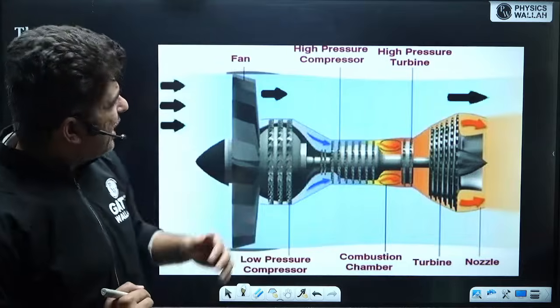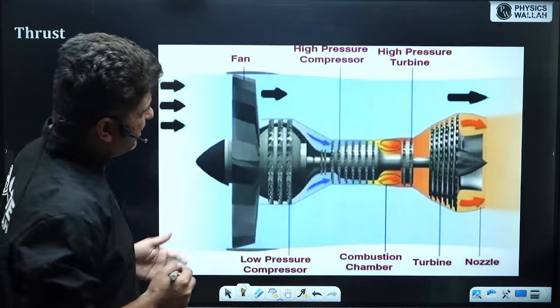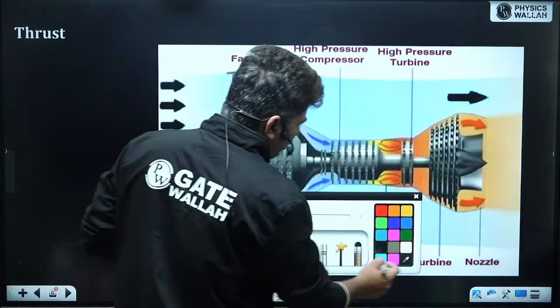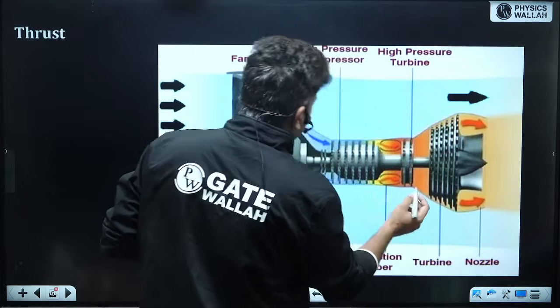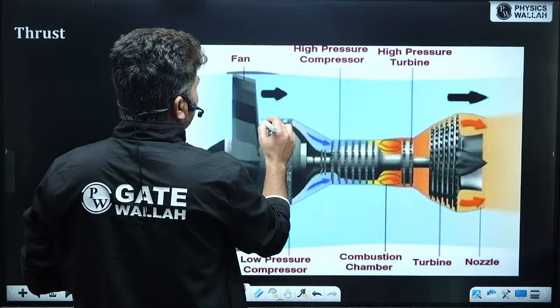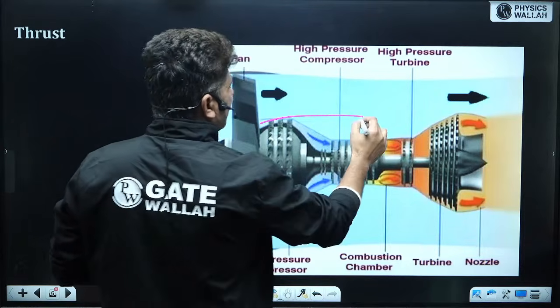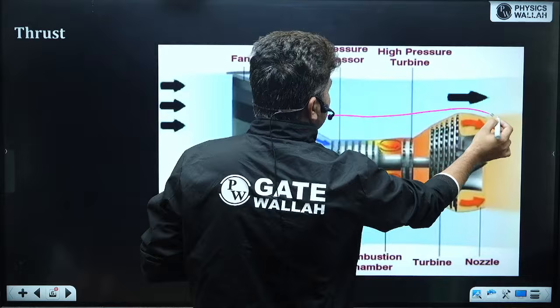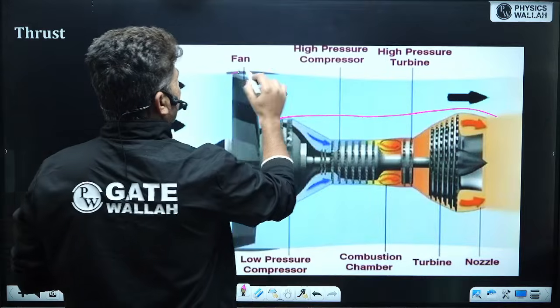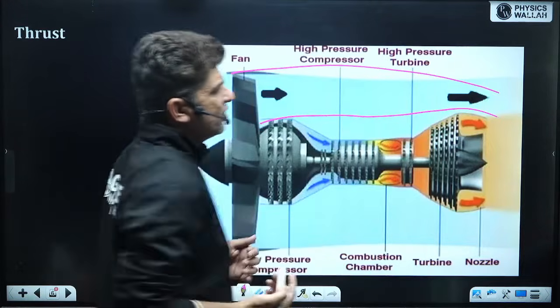Generally this is a much smaller cowl, but in real life the cowls have a somewhat curved range like this, and the exit would be somewhat like this.